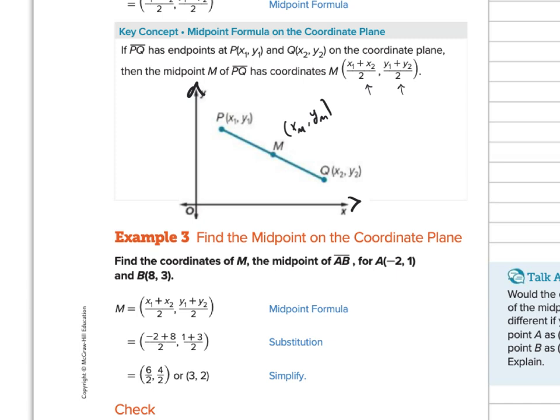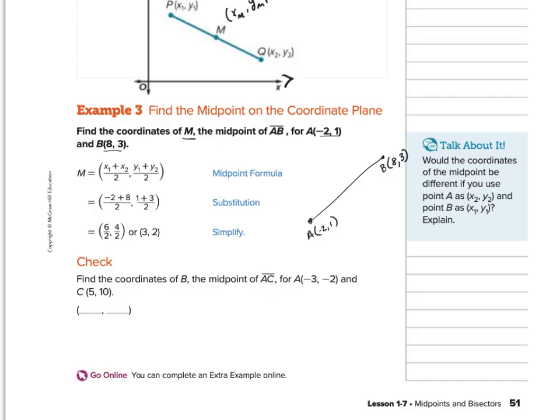So finding the midpoints on the coordinate plane: find the coordinates of M, the midpoint of AB, if A is (-2, 1) and B is (8, 3). Not drawing a scale in any way, shape, or form, but here is the midpoint between A and B. I'm looking to find point M, and then we just took our x1, x2 values.